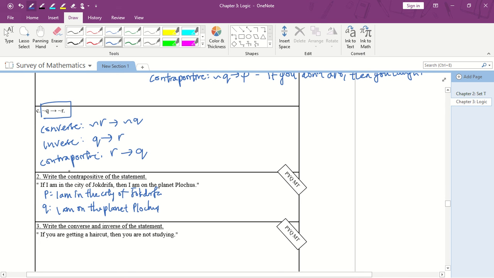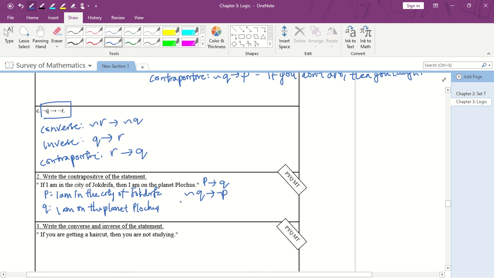And remember, now you need to write the contrapositive of the statement. If you look properly, this question is P to Q, isn't it? If, then, and there's no negation involved here. So the contrapositive will be changing the place and changing the sign.